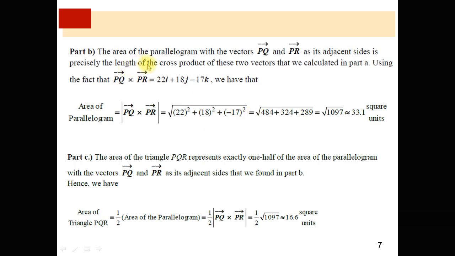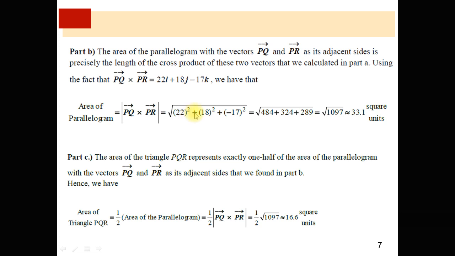Now to find the area of the parallelogram with the vectors PQ and PR as its adjacent sides, we need the length of the cross product of these two vectors that we calculated in part A. In part A, we have already calculated the cross product of PQ and PR: 22i plus 18j minus 17k. Now find the magnitude of this vector, and we will obtain the area of the parallelogram.